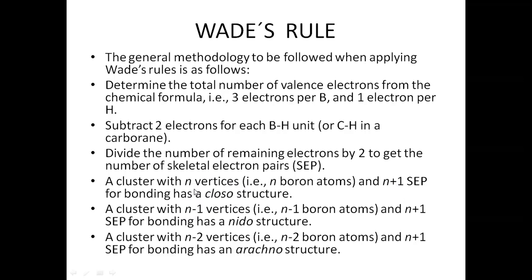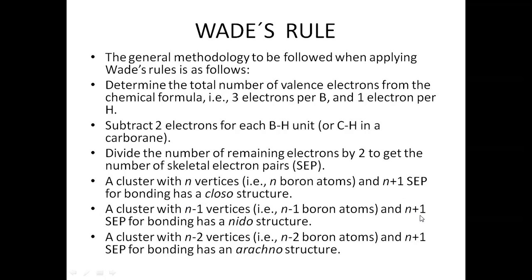Now consider another cluster where there are n vertices, but except one, all vertices are occupied by boron atoms. That means n minus 1 vertices are occupied by n minus 1 boron atoms.